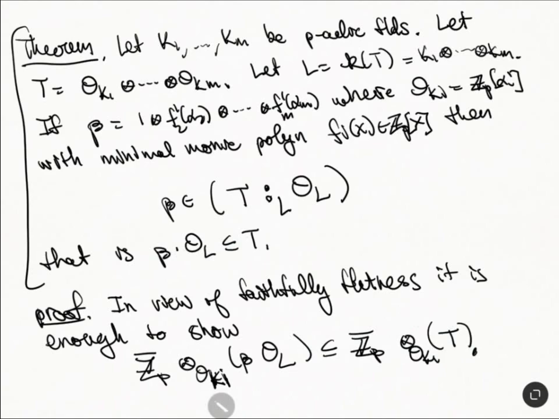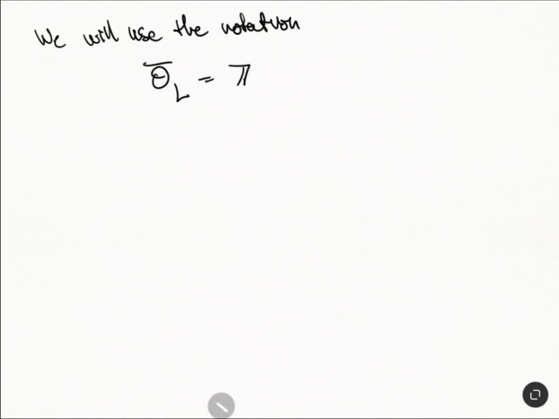So we're going to introduce some notation. We will use the following notation: O_L bar is you just take O_L and base change it, tensoring over K1.